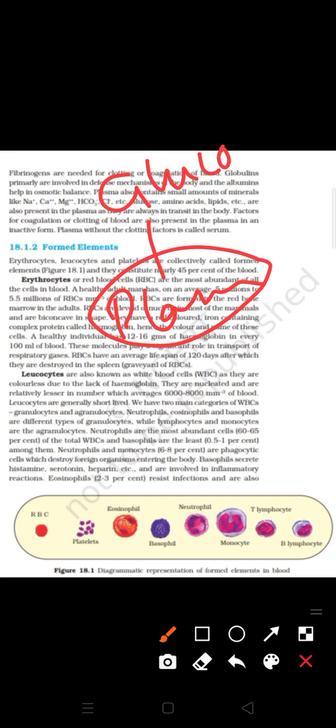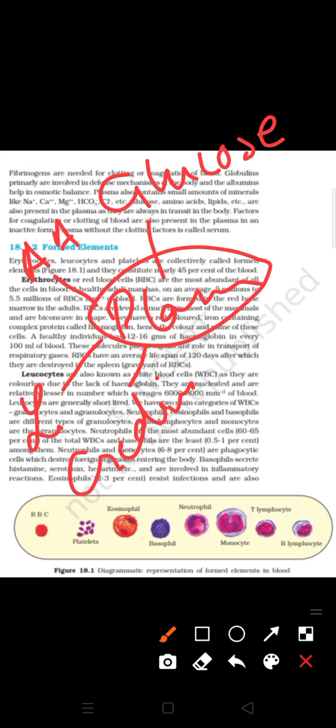Glucose, amino acids, lipids, creatinine, urea, ammonia. These are some digested nutrients and excretory substances present in our blood plasma. I hope blood plasma is clear. So this is about blood plasma.